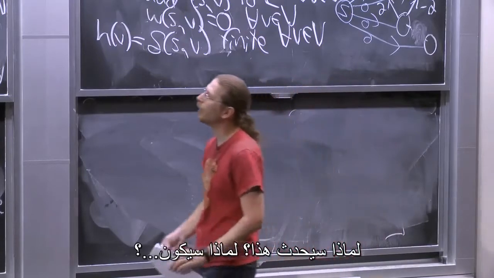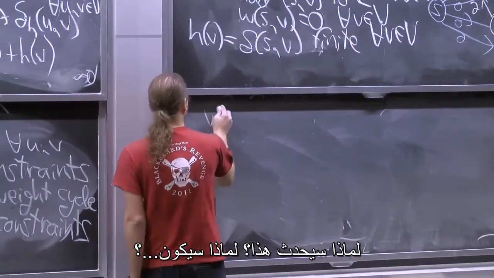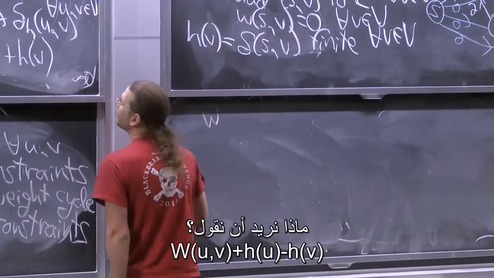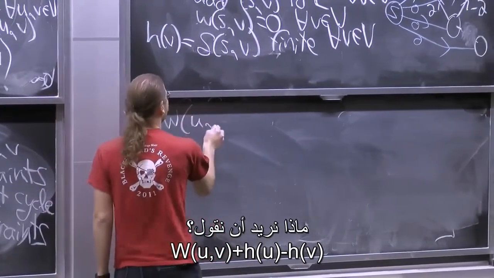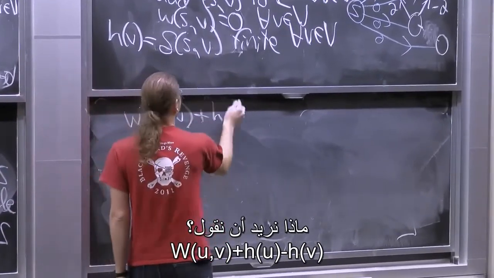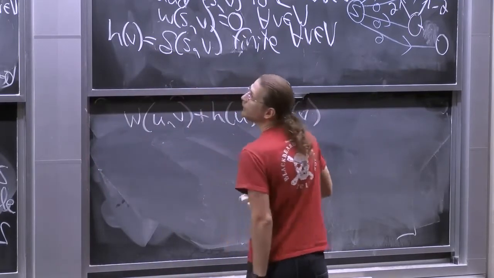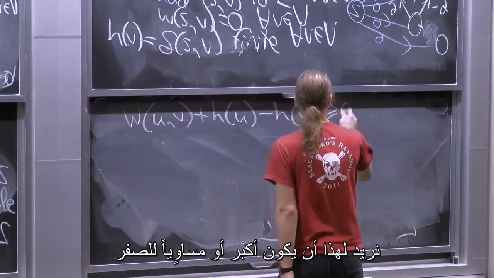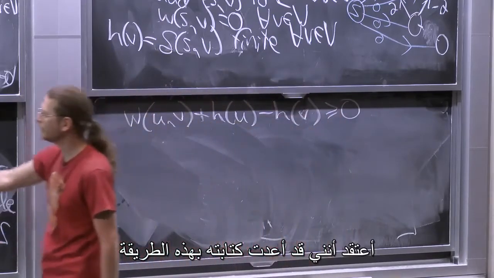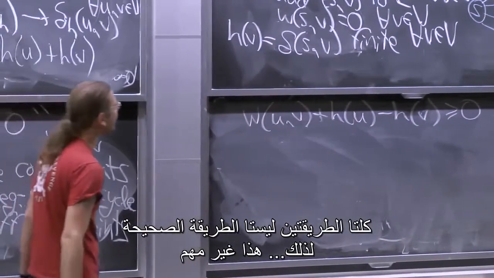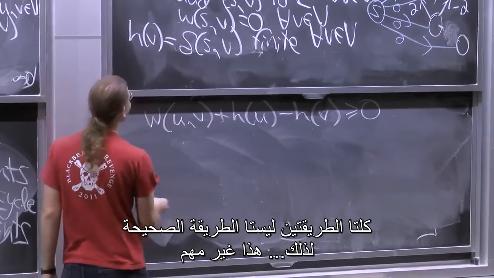Why would it happen? What do we want to say? W of UV plus H of U minus H of V. We want this to be greater than or equal to 0. I guess I had already rewritten it this way. Neither way is the right way, so it doesn't matter. So let's see.